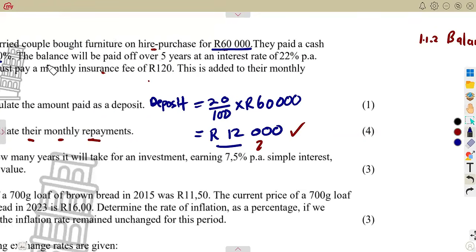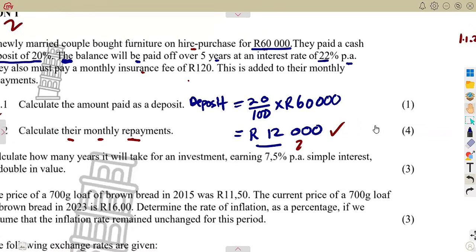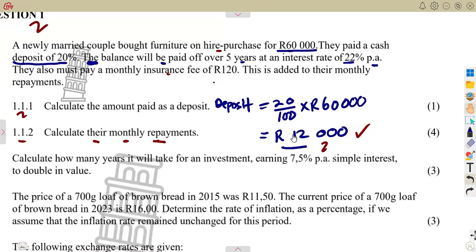The balance will be paid off over 5 years at an interest rate of 22% per annum. And it ended there. Just per annum, not compounded annually. No, it's not compounded. So this is simple interest. Simple interest. There's no compound.